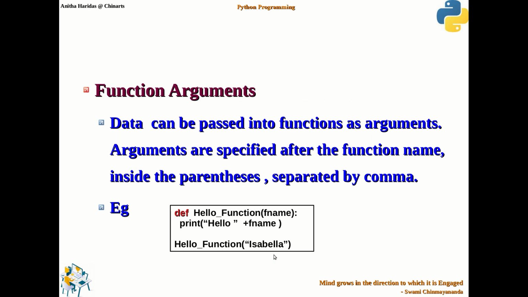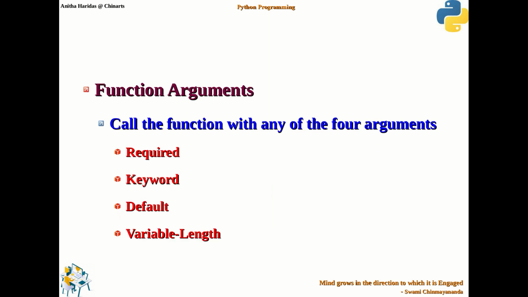Then one very important point to be considered in functions is the arguments: how data can be passed into functions as arguments, and what are the different ways of passing the arguments.